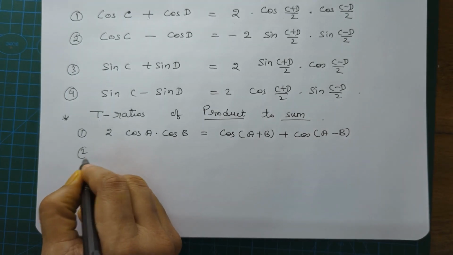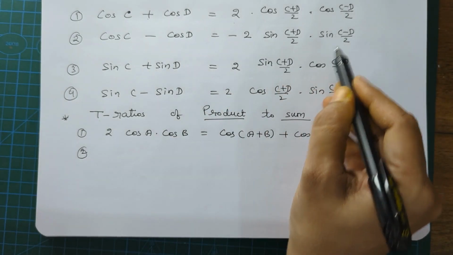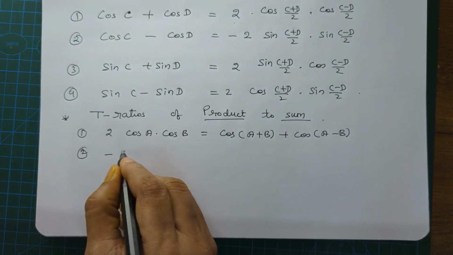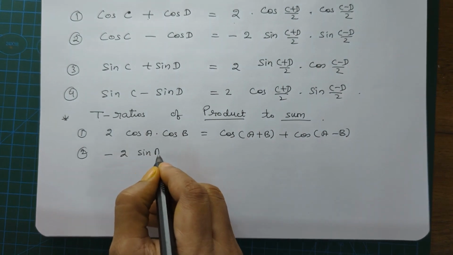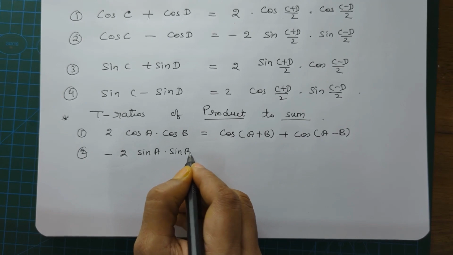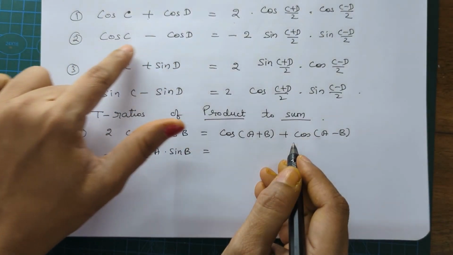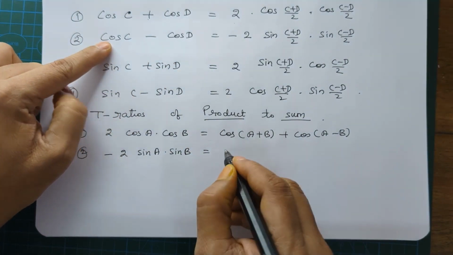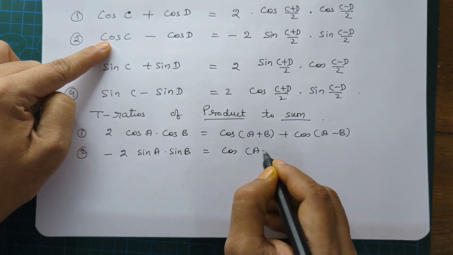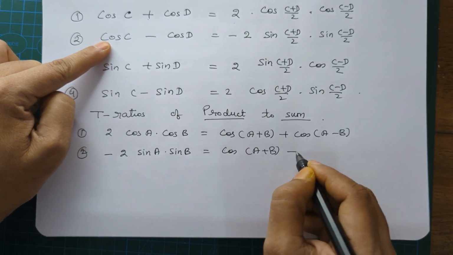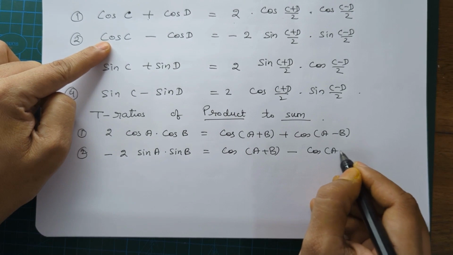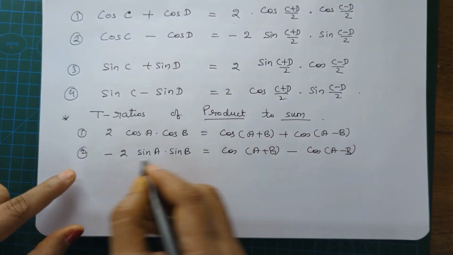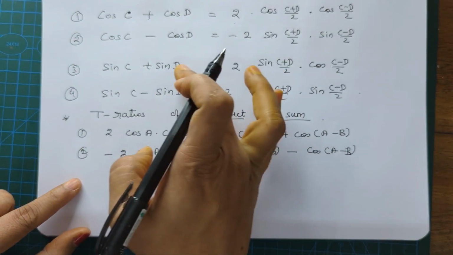The second identity is related to this. So it is negative of 2 sin A sin B, whose form appears like this, which is cos of A plus B minus cos of A minus B. Next one is exactly like this, output is like this.